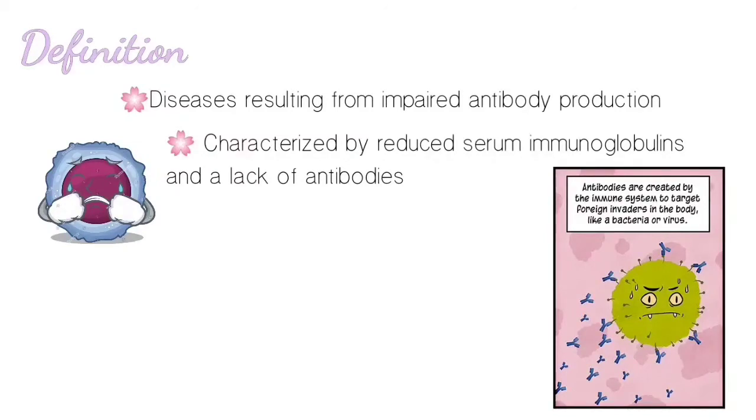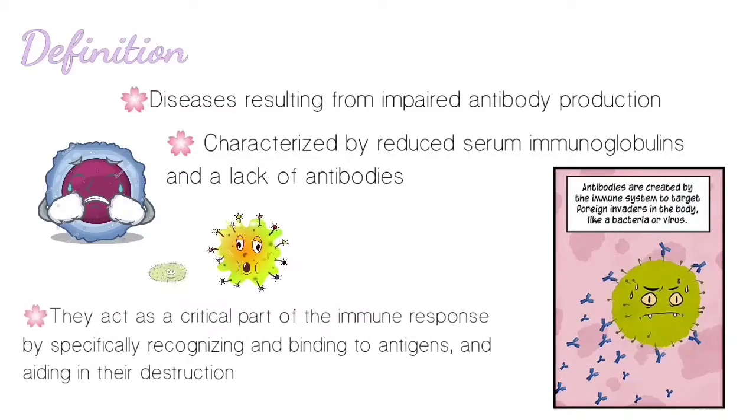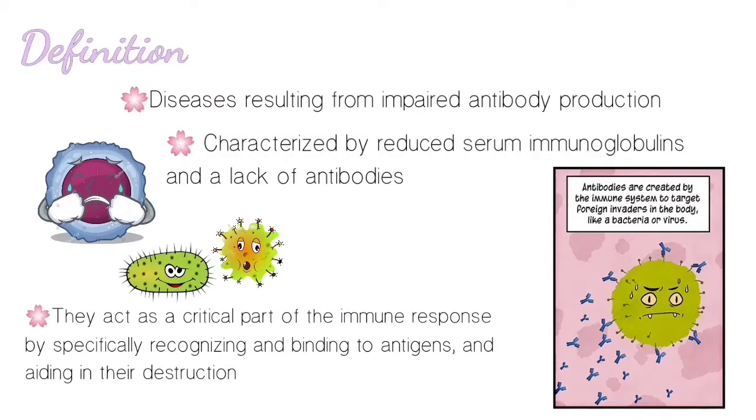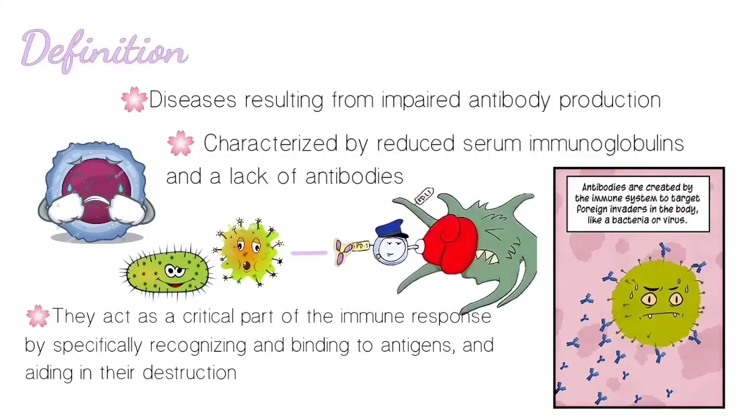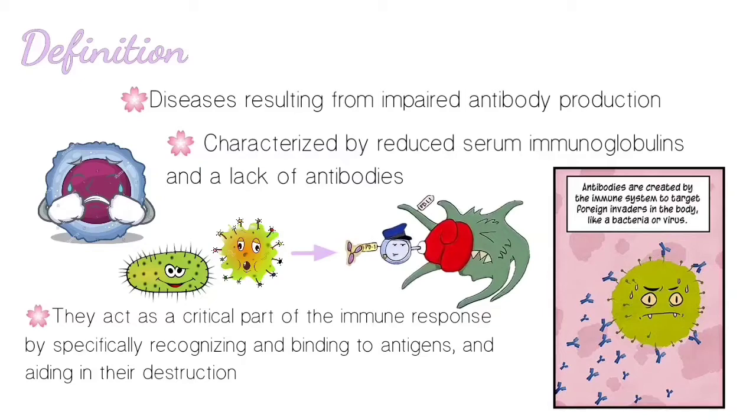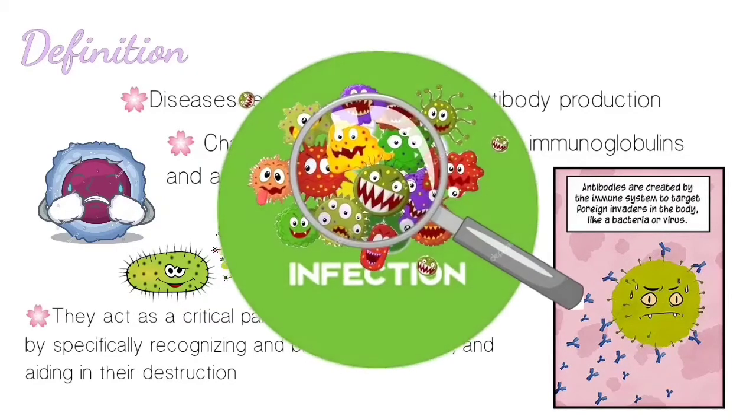Immunoglobulins and antibodies are just the same. They act as a critical part of the immune response by specifically recognizing and binding to particular antigens such as bacteria or viruses and aiding in their destruction. Therefore, with B-cell deficiencies, there aren't enough antibodies, which make us very susceptible to infections.